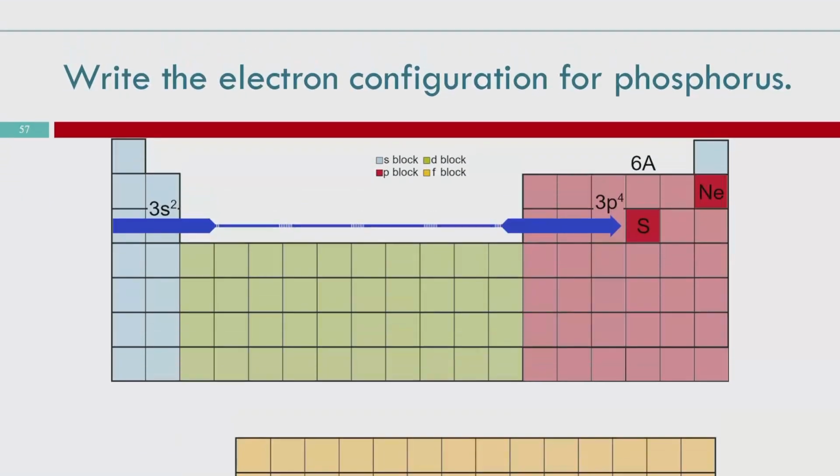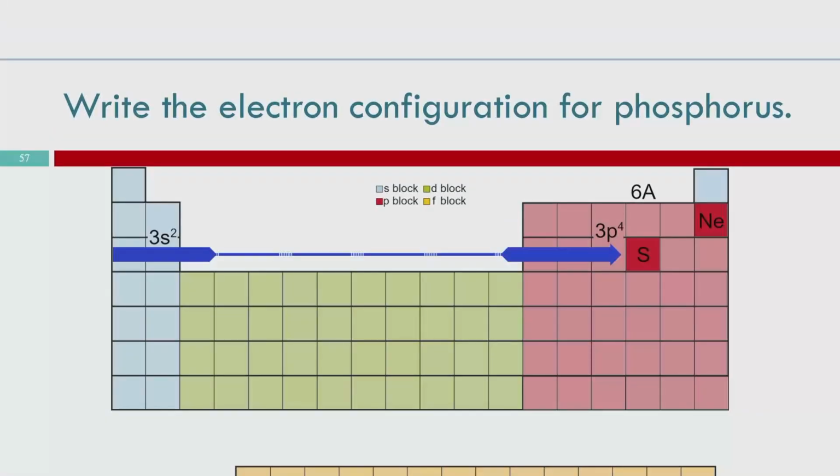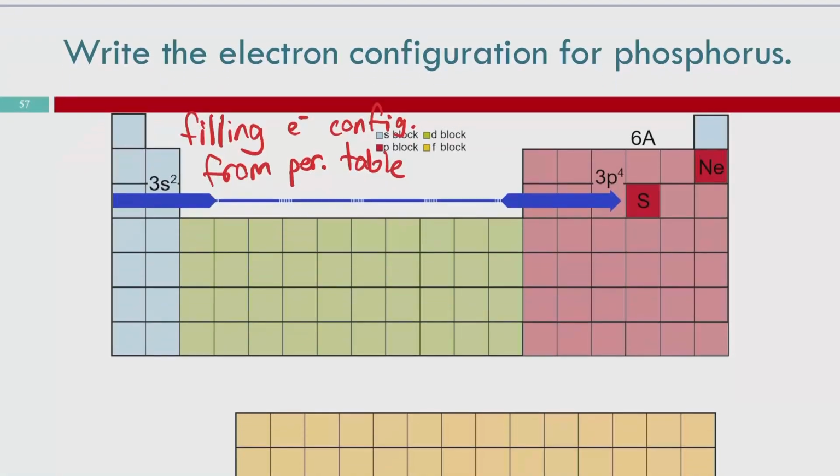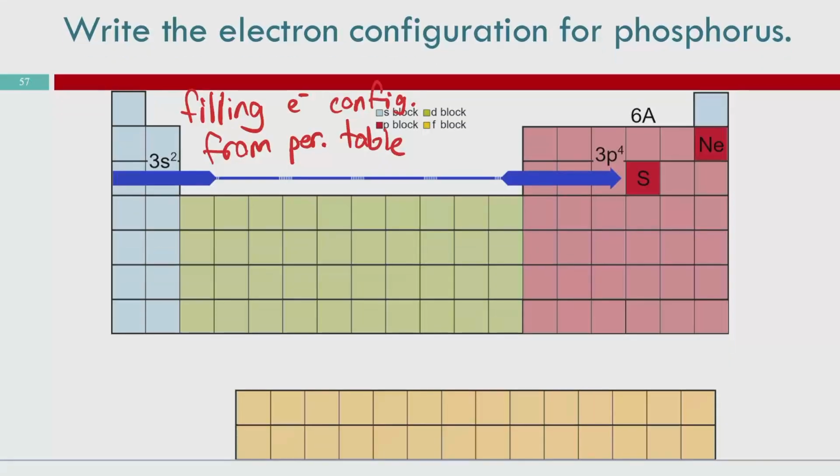Here's a cheat sheet, a shortcut for filling an electron configuration from the periodic table. So if you need a visual guide to getting an electron configuration, then this might be your slide.